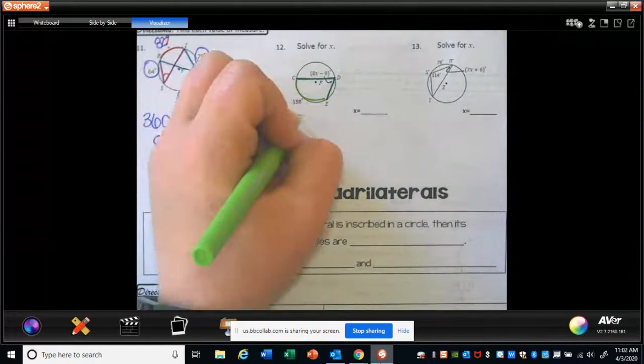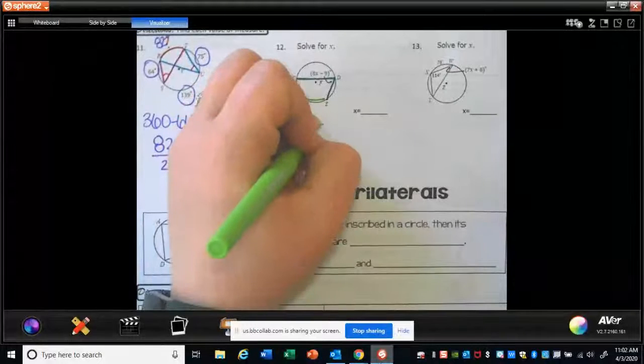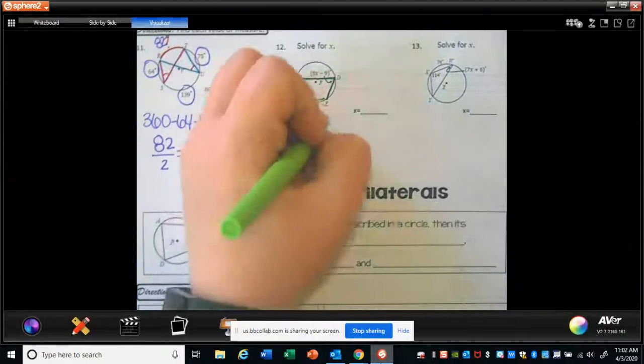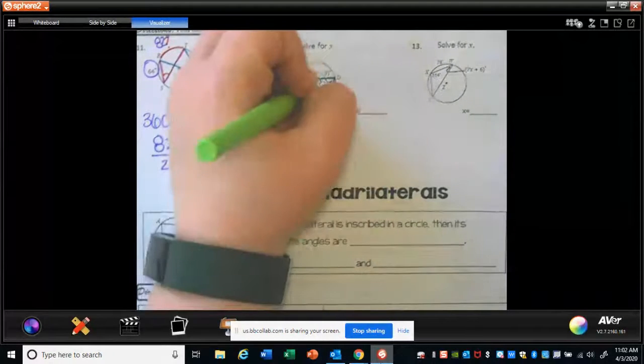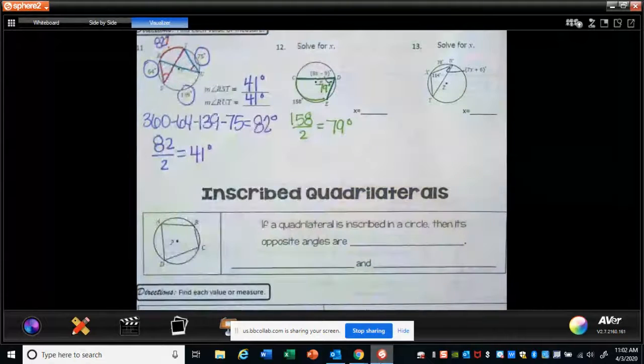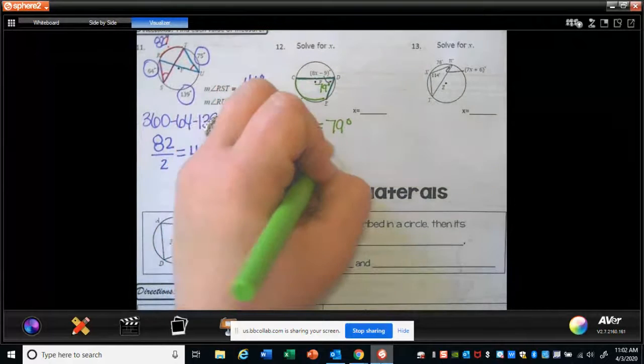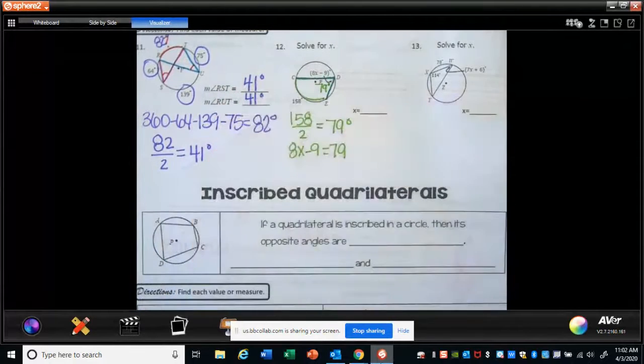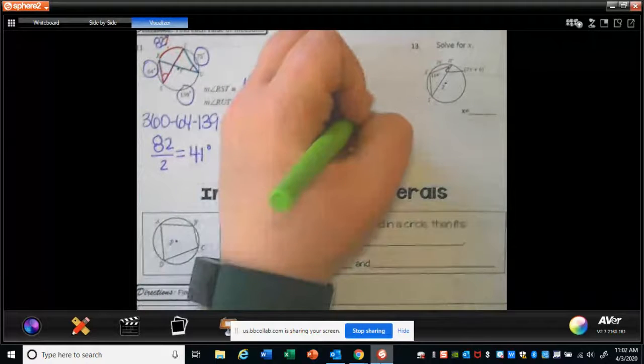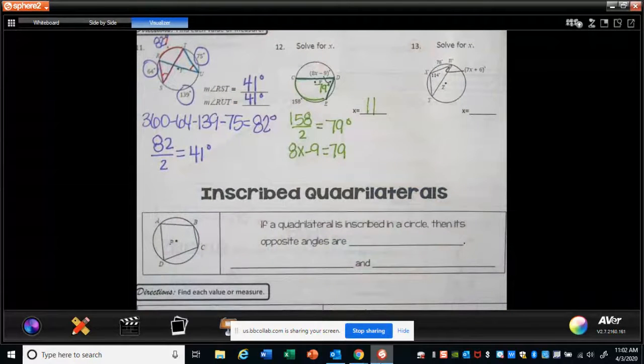So if we take 158 and divide it by 2, that's going to give us 79 degrees. So we know this angle measure is 79 degrees. Now we want to solve for x. We're going to take 8x minus 9, set it equal to 79 and solve for x. When we solve for x, we're going to get x to be 11.